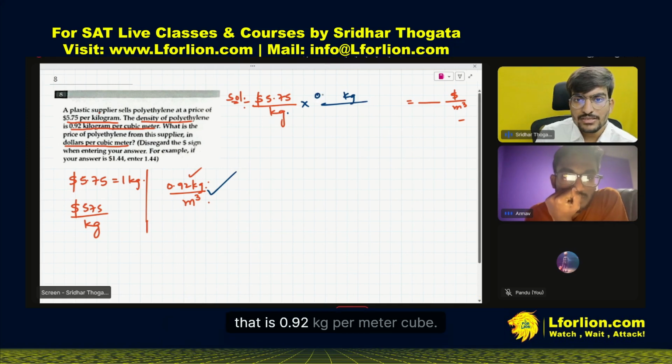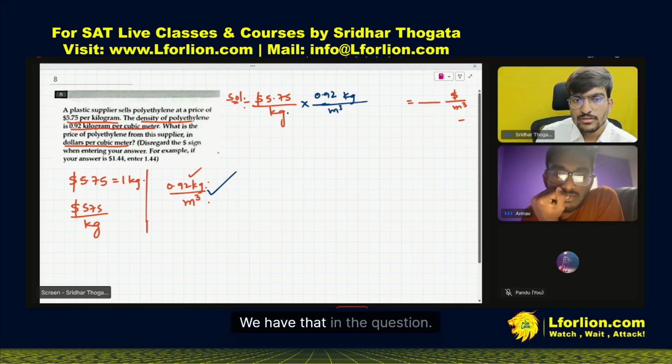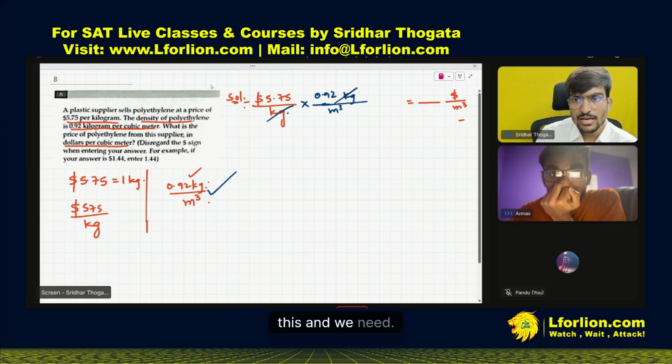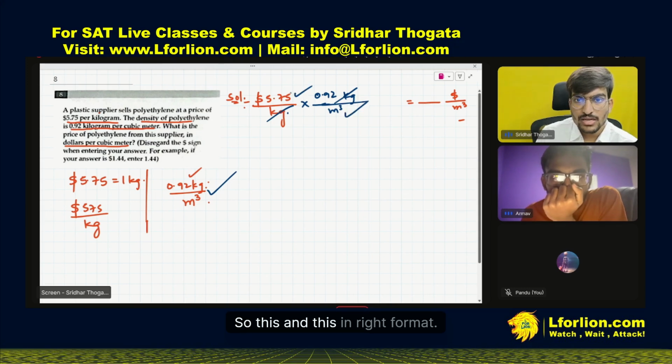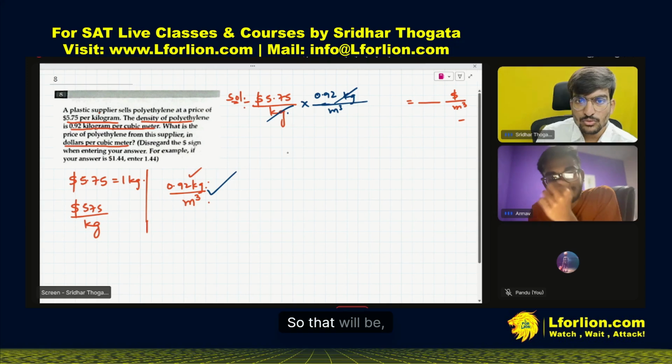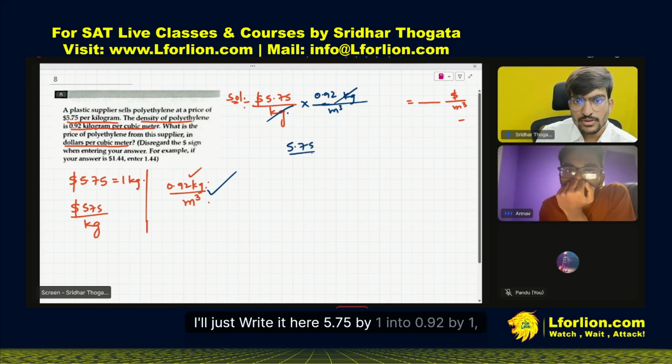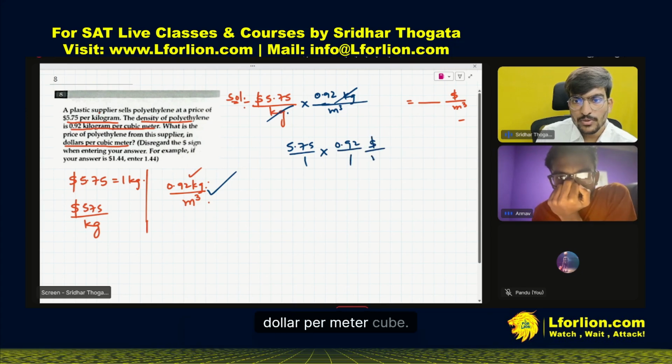That is 0.92 kg per meter cube, given in the question. Then we can cross out this, and we will get what we need, dollar and meter cube.